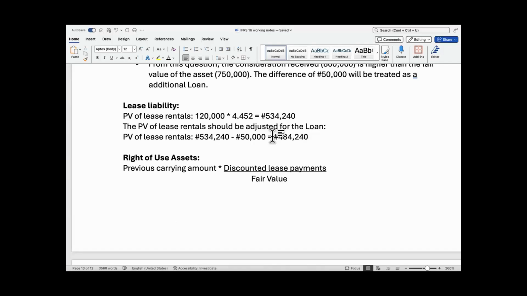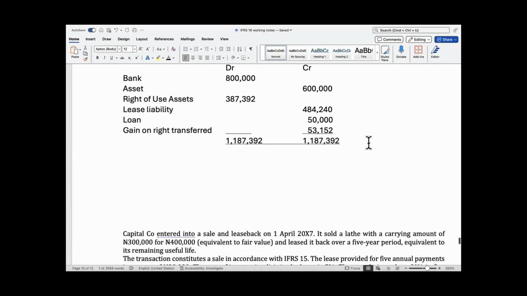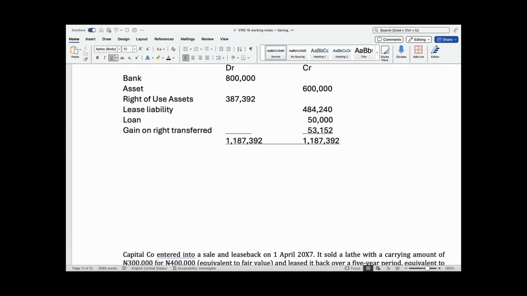But when you're doing that, because the lease rental you decrease already includes the loan itself. So you want to finish everything for the lease liability now.